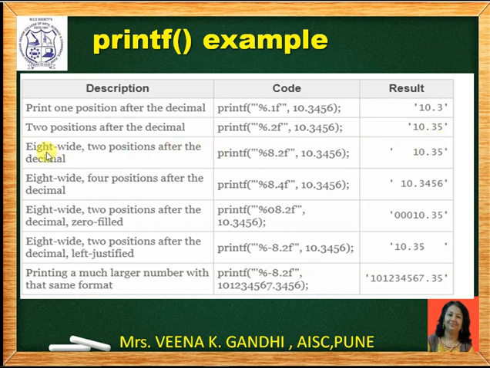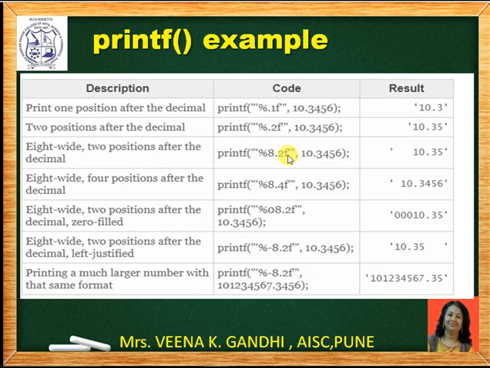Now if you want to print 8 width and two positions after the decimal point, then you can give %8.2f, where the width specified is 8 digits wide, and after the decimal point we want to display only two places.